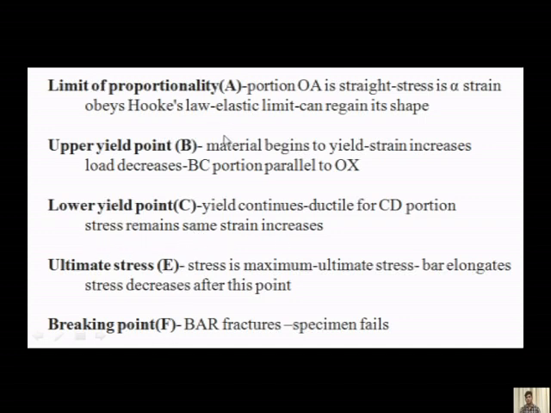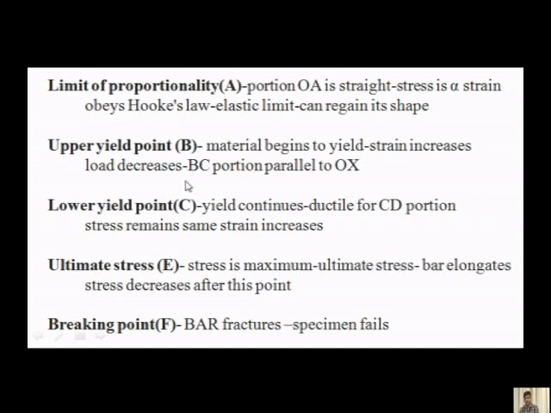E, F. See at point A, portion OA, the line is straight, and stress is directly proportional to strain. It obeys Hooke's law, and as I told you, it is under the elastic limit and can regain its shape. Upper yield point, point B, is the point where the metal starts yielding.